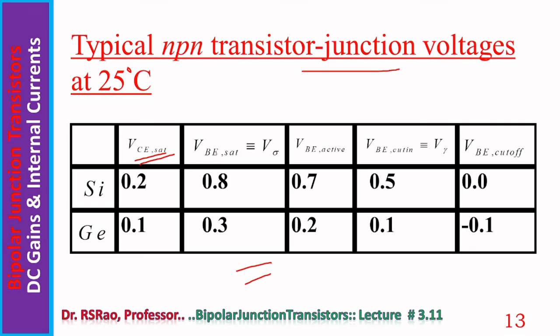VBE sat, base to emitter voltage under saturation. VBE active, base to emitter voltage under the active region of operation. VBE cut in, VBE cut off. For silicon, 0.2, 0.8, 0.7, 0.5. For germanium, 0.1, 0.3, 0.2, 0.1. These are typical values. These are to be kept in mind.